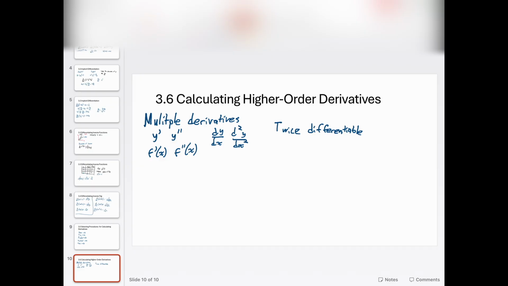Just doing a quick example, if you have d over dx of 3x squared plus x, taking the derivative once would get you 6x plus 1, and then taking the derivative again of that would just get you 6.